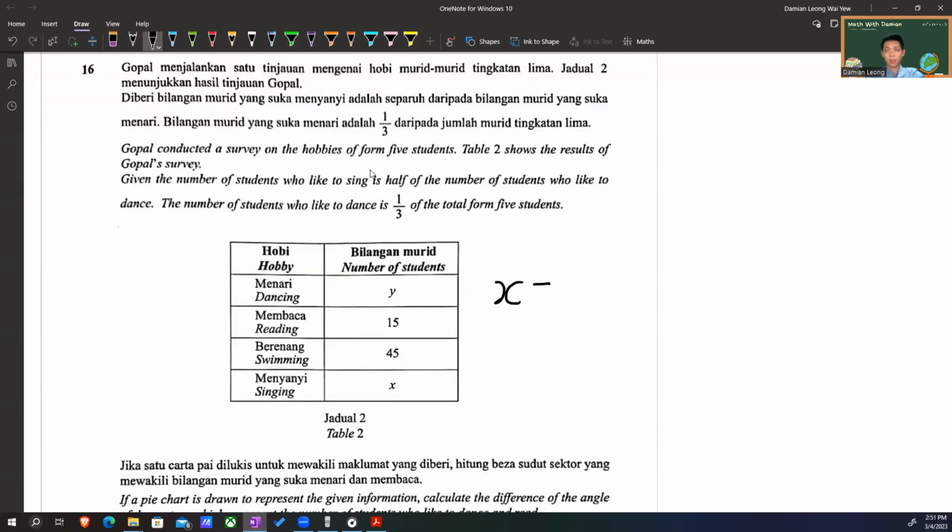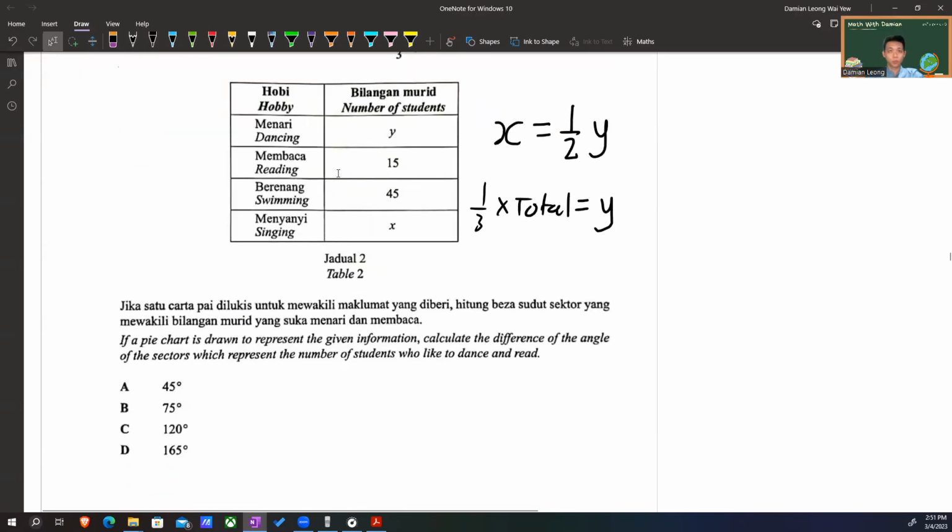Means X is half Y. The number of students who like to dance is 1 over 3 of the total Form 5 students. So 1 over 3 times total equals the number of students who like to dance, Y. So these are the things I know.